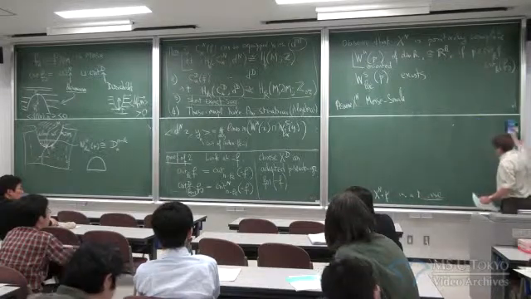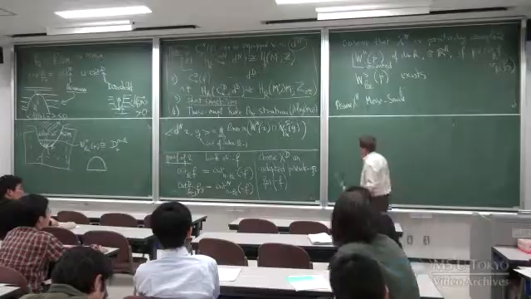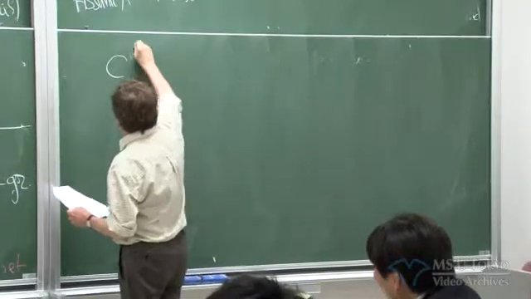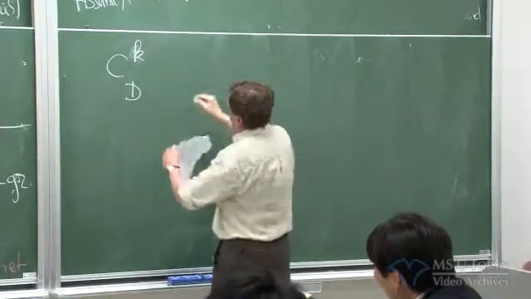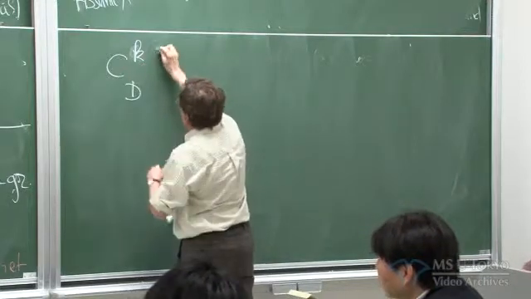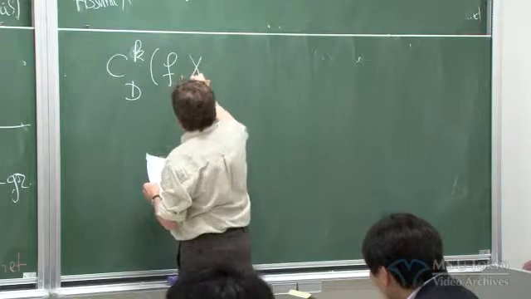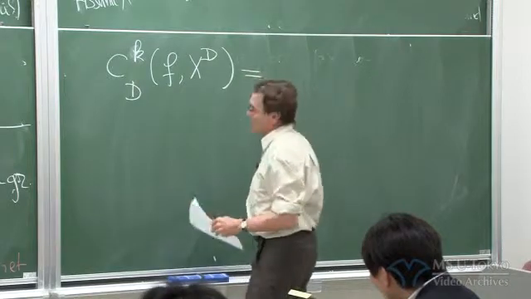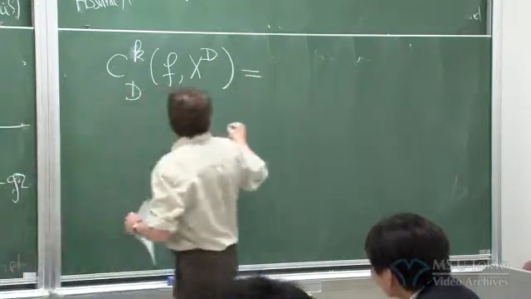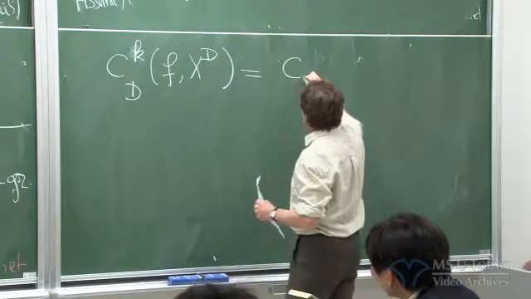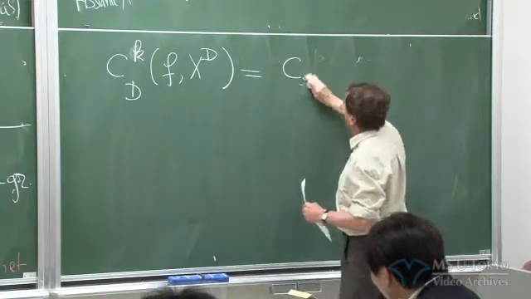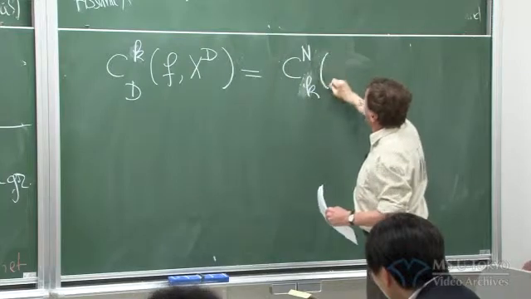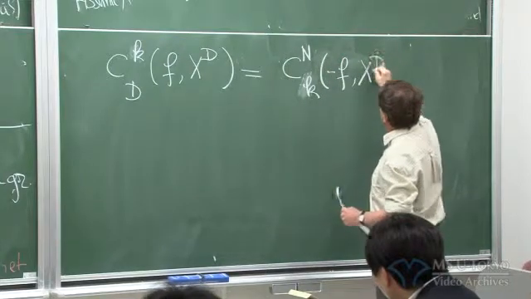The cochain complex is this. So the C^k of f with a vector field X_D is, by definition, C_{n-k} of type Neumann of minus f and this vector field.